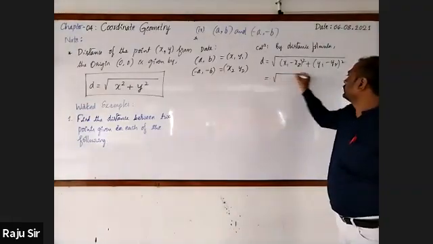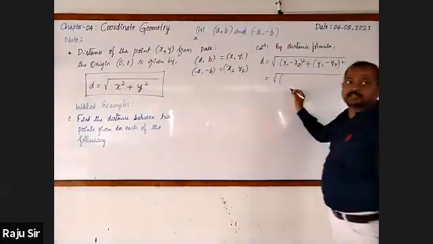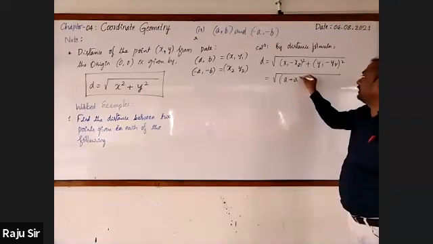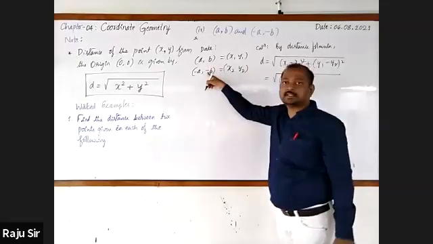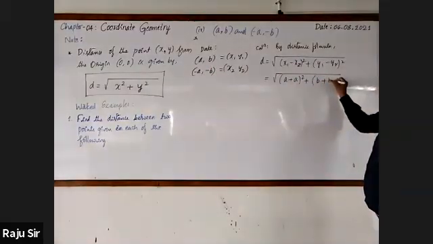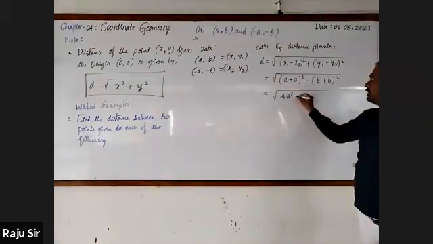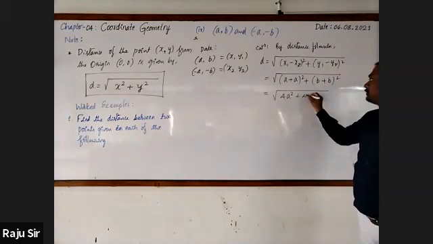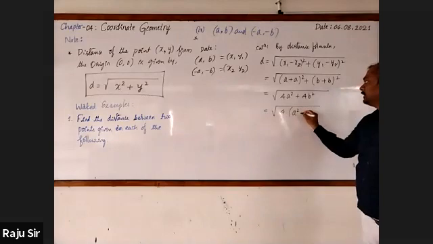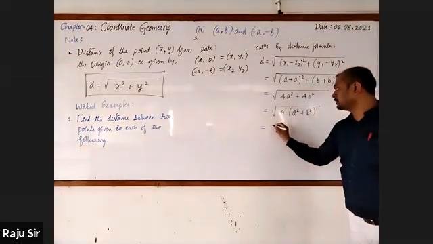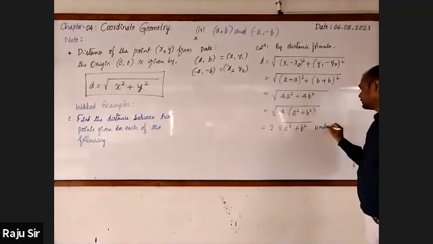It is square root of a minus of minus a, I'll write it directly, a plus a whole square, plus b minus of minus b, so that is b plus b whole square. It is square root of 4a square plus 4b square. 4 is common factor, a square plus b square. Square root of 4 is 2 into root a square plus b square units.